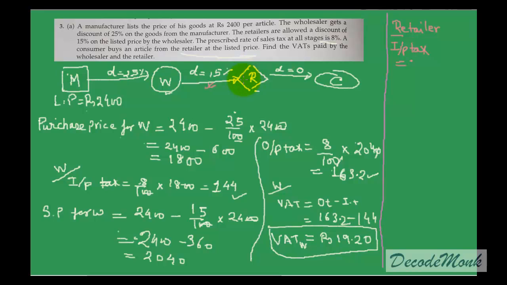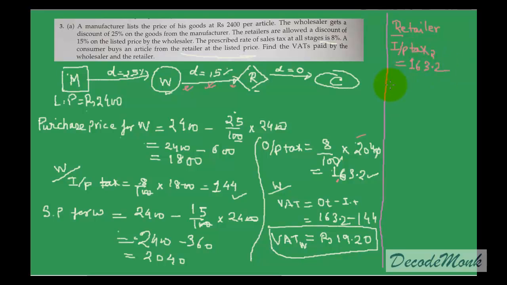The retailer is buying the article at rupees 2040 and the input tax is 163.2. That means the output tax for the wholesaler is equal to the input tax paid by the retailer. So the input tax with respect to the retailer is equal to 163.2.